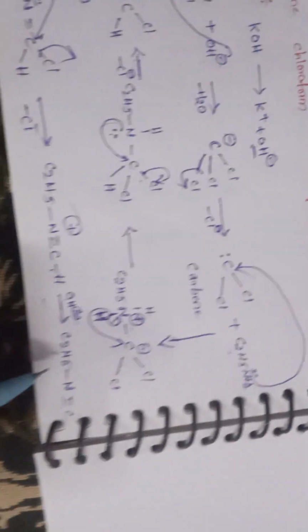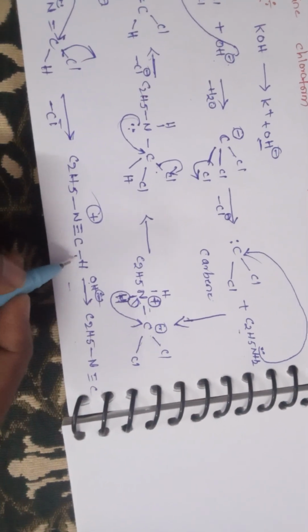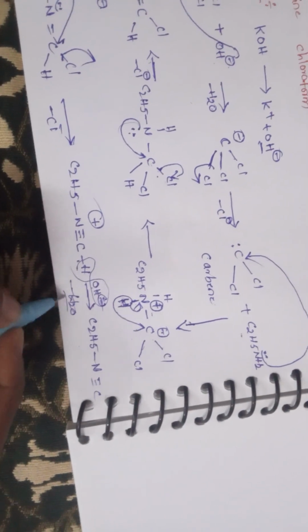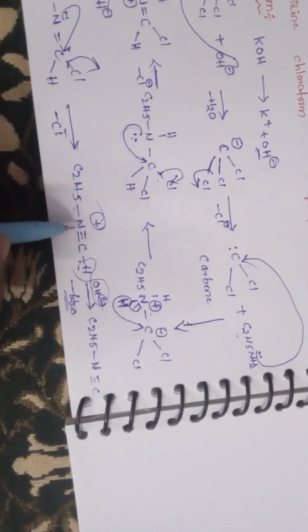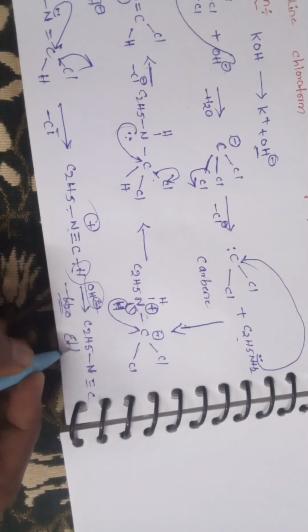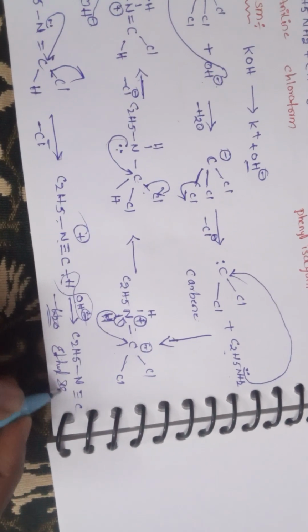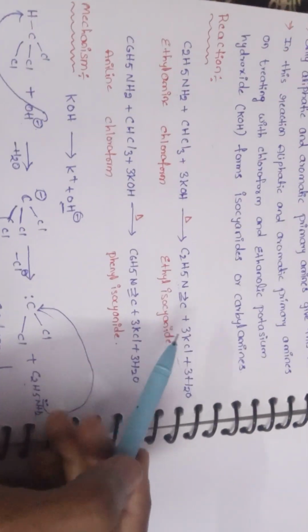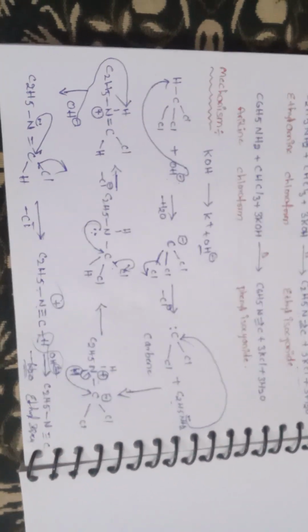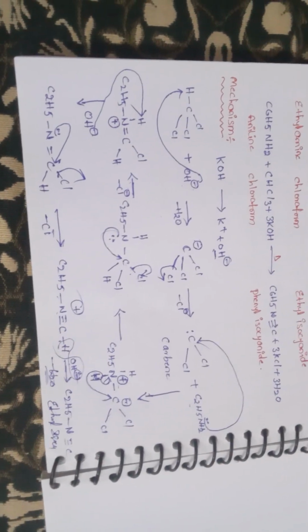This OH and OH minus are removed as a water molecule, minus H2O, then C2H5 with triple bond forms. See that, ethyl isocyanide. This is the mechanism for the carbylamine reaction.